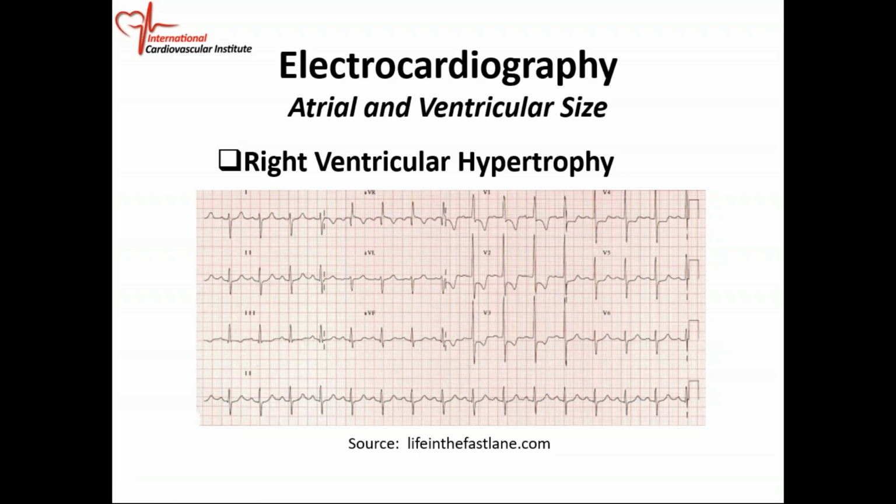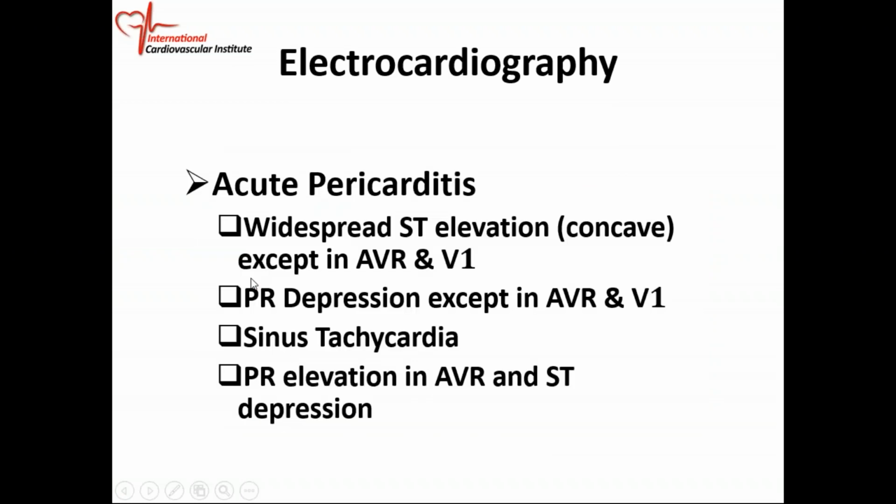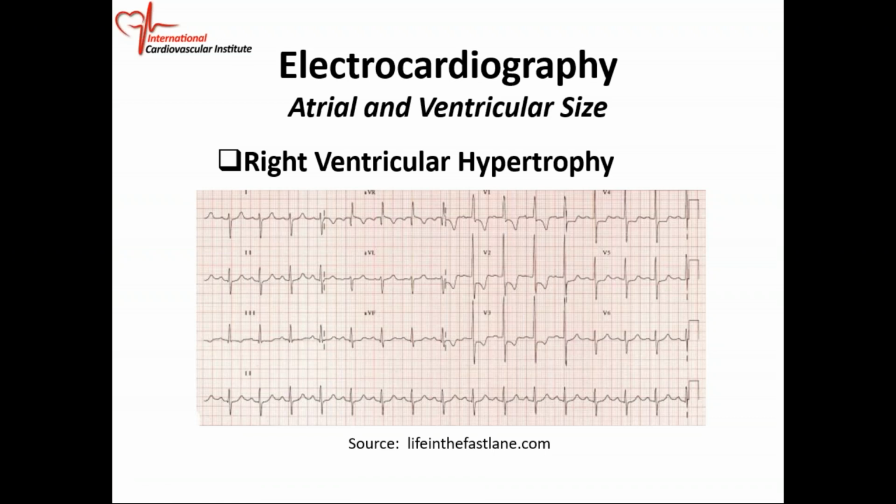But when you have right ventricular hypertrophy, you start out with big R waves in lead V1 and V2. And when you look in your lead 2, this doesn't show it very well, but you'll get giant P waves in lead 2. And then you'll also have right axis deviation.